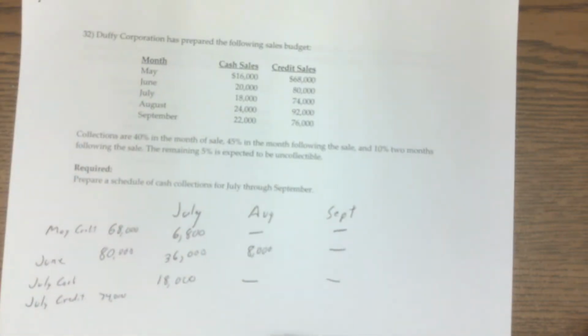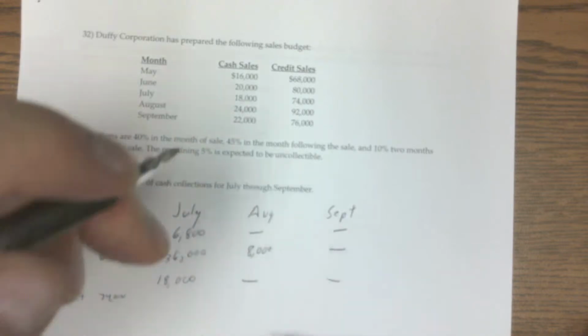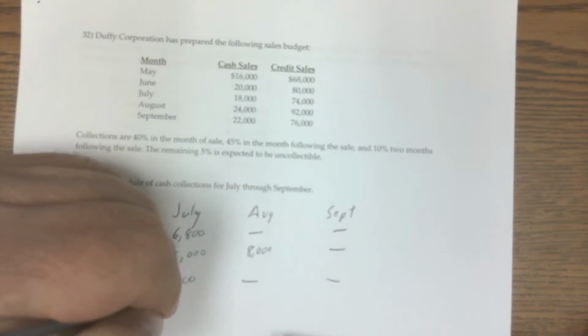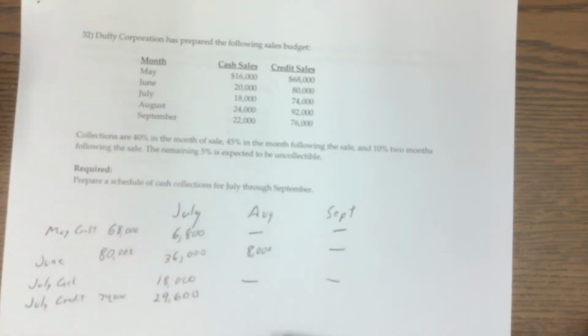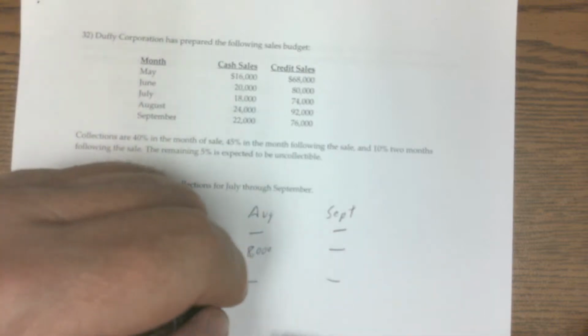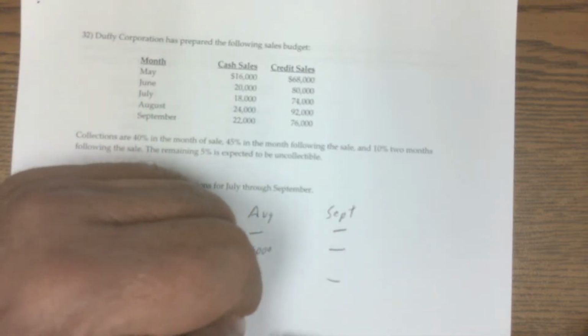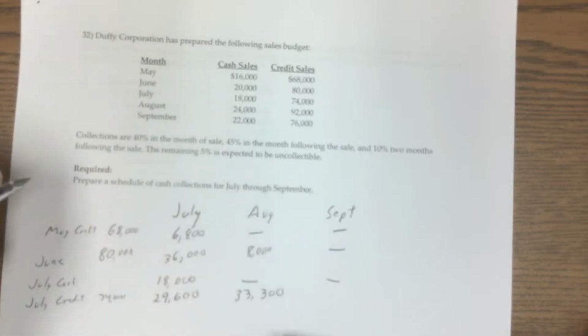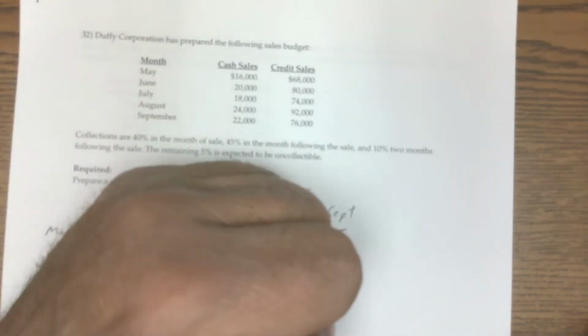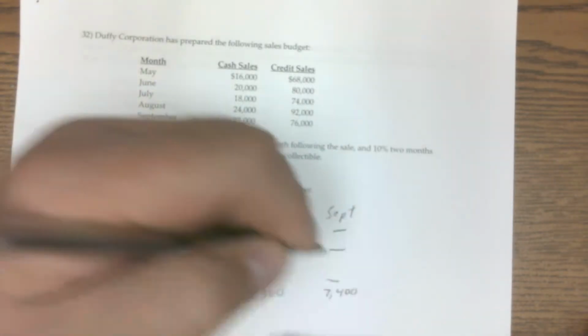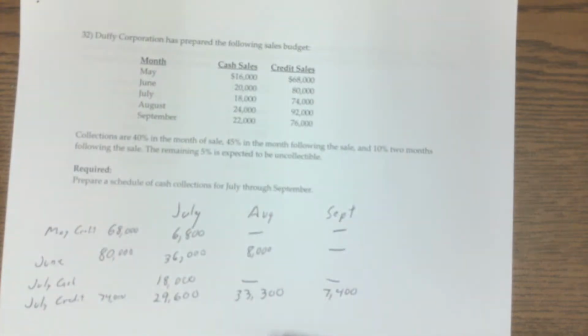So 74,000 times 40% is 29,600. 45% in August will be 33,300, and then 10% in September will be 7,400.